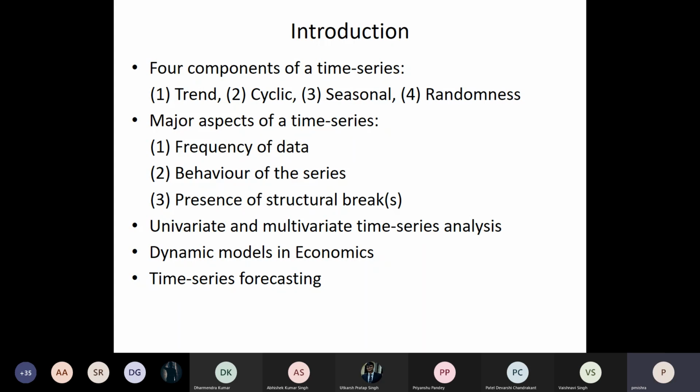And it may be a combination of the two also. So when we specify autoregressive models like Yt as a function of Yt minus 1, for example, there basically we are recognizing the fact that the current value of a variable is generated from its past value.